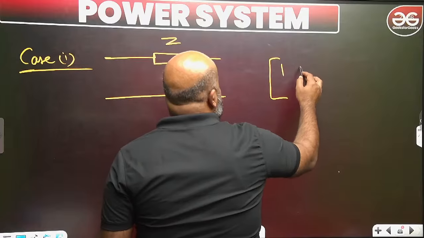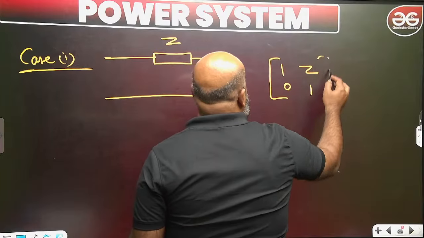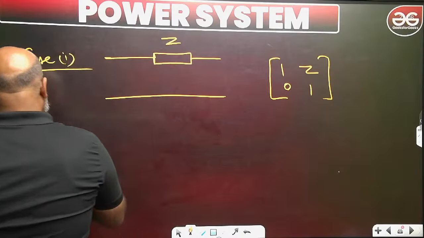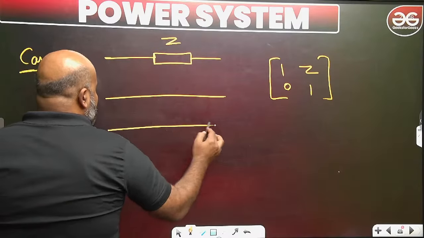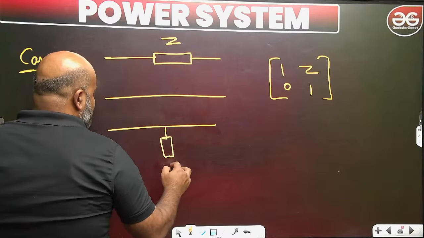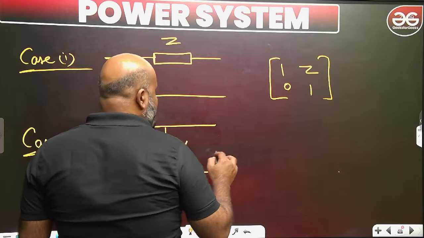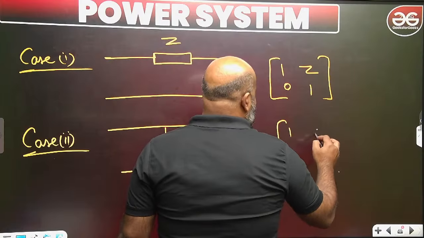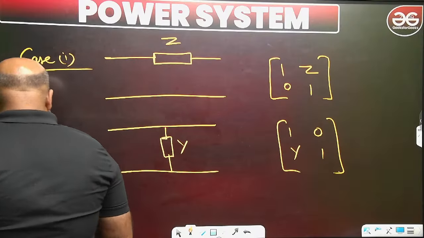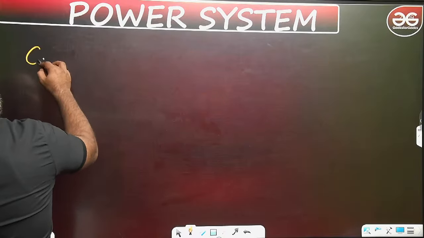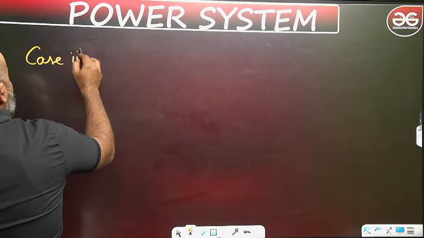Yes, it is 1, Z, 0, 1. Case number 2. Can you write the ABCD parameters for this? Yes, it is 1, 0, Y, 1. Can you write the ABCD parameters for case number 3?